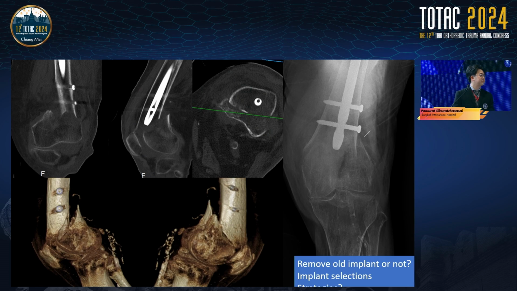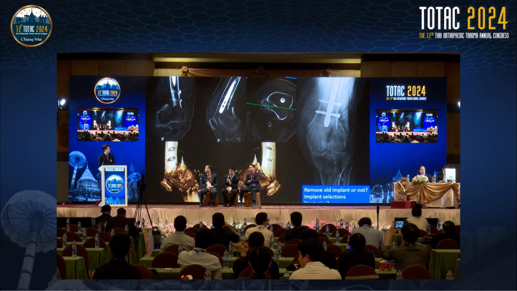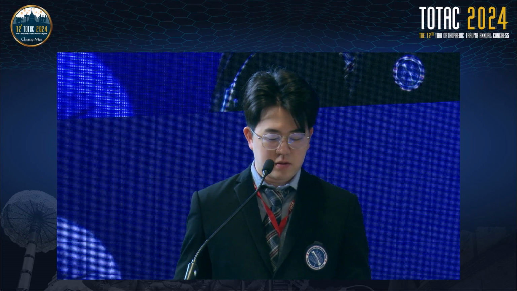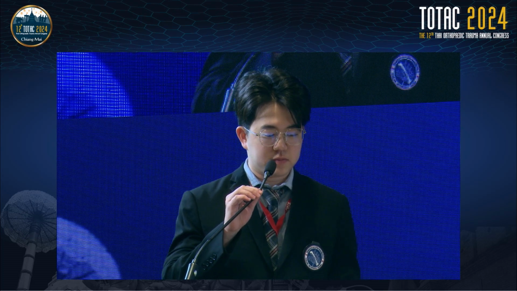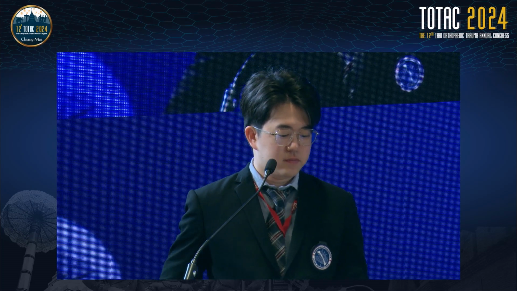Okay, after the CT scan, I think that the intertrochanteric fracture has healed completely, and the new fracture is a low supracondylar fracture without intra-articular extension, extra-articular, and the bone quality is quite poor.